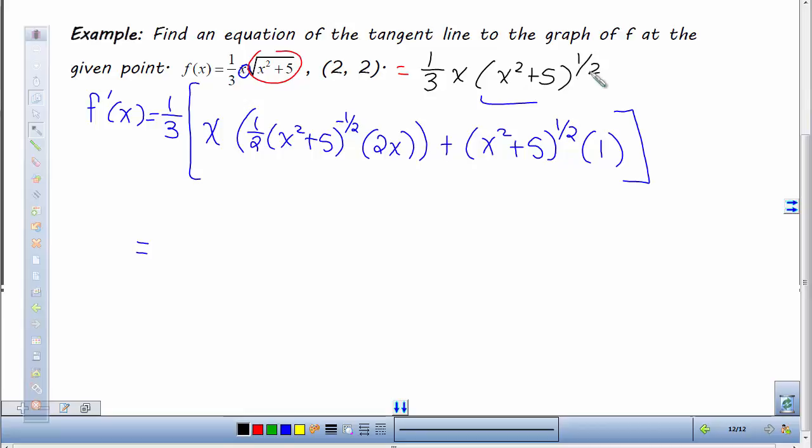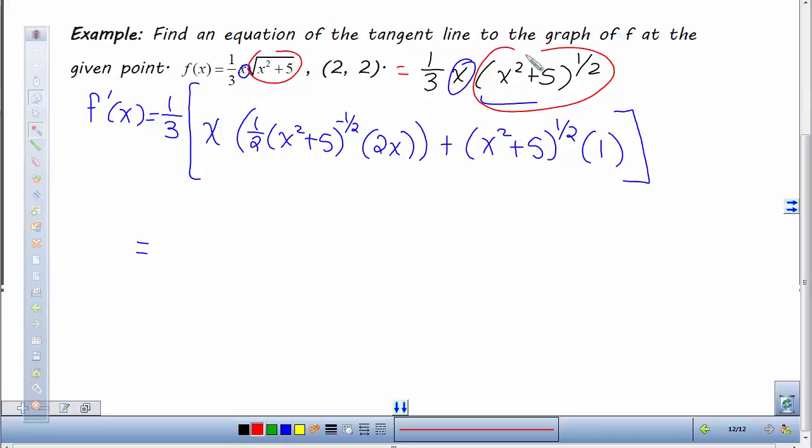We decided that we would let the 1/3 just be a constant multiple. That's why he's out here. And then x is going to be my first, because we're going to use the product rule. And then this is my second, where we'll have to use a chain rule.